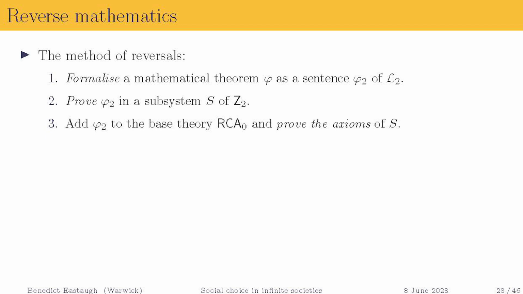Right? So in my example, you've formalized the Bolzano-Weierstrass theorem. You prove the formalized version of this theorem in ACA 0, and then you do the reversal by taking your formalized version of the Bolzano-Weierstrass theorem, adding it as an axiom to the axioms of RCA 0, and proving arithmetical comprehension.